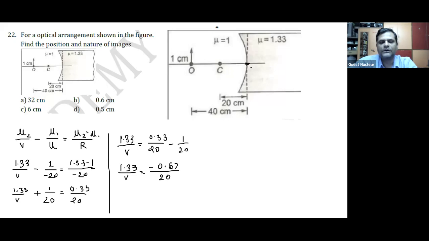And in order to get this v here, we can just take reciprocal on both sides, so that we get this v upon 1.33, which must be equal to 20 upon 0.67. So in the next step, we can just transfer this 1.33 to that side, so that we can get this v is equal to minus 20 upon 0.67 multiplied by 1.33.